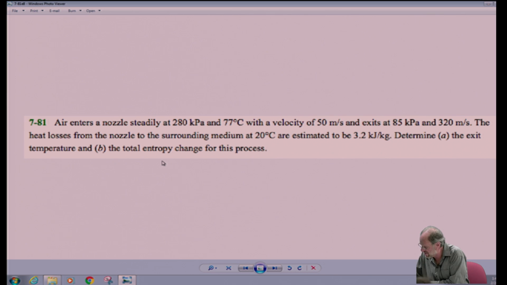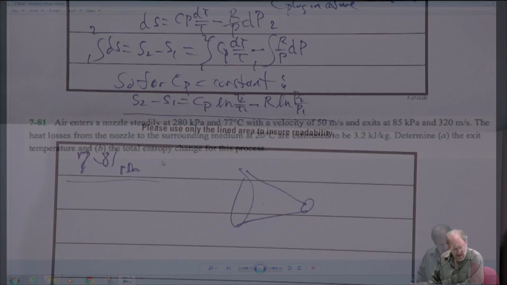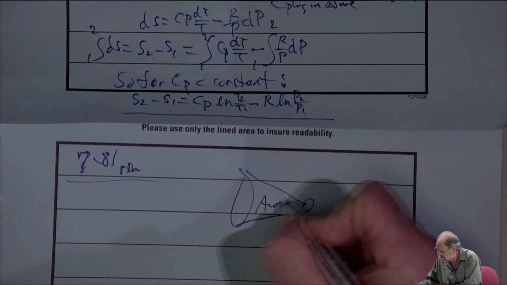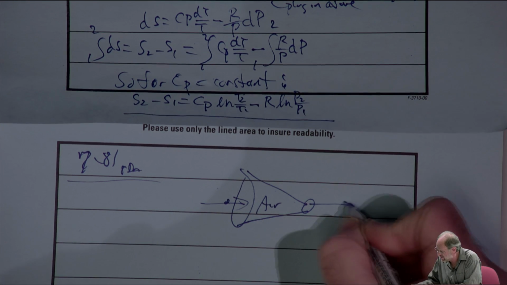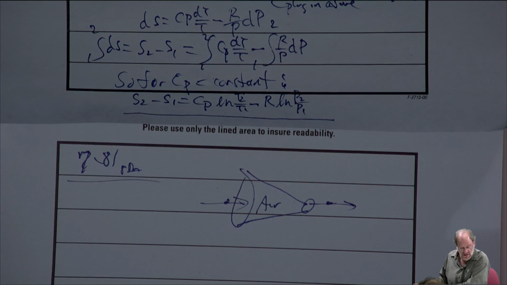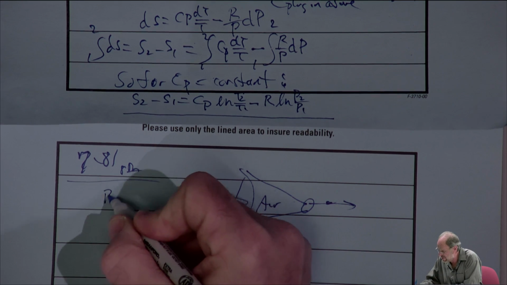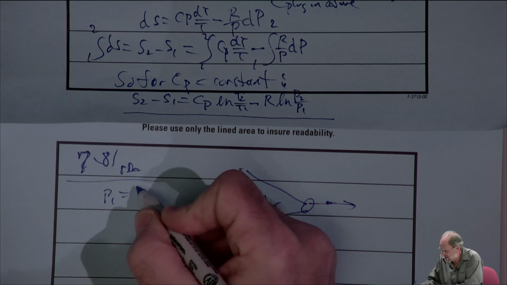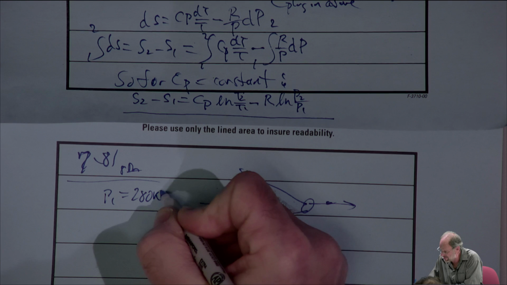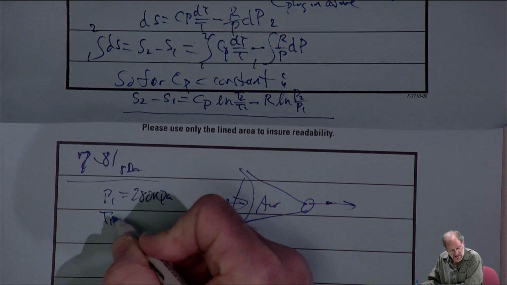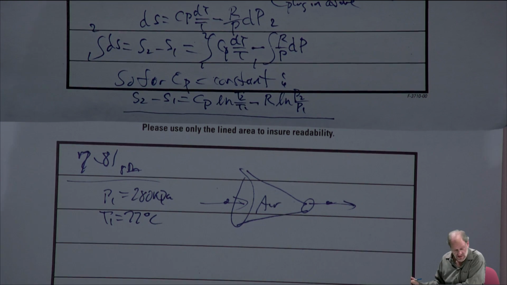So here's my nozzle. We know that we have air, and we know that we're given inlet and exit conditions. We know P1 is 280 kilopascal, and T1 is 77 degrees Celsius.